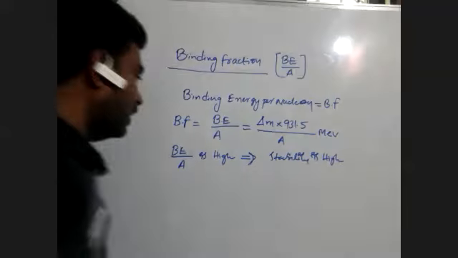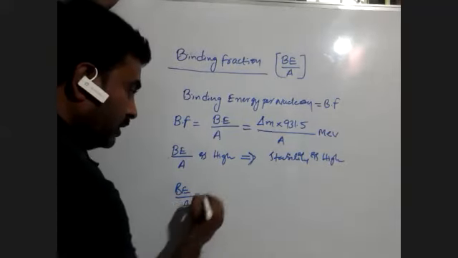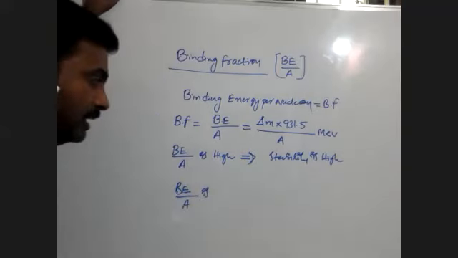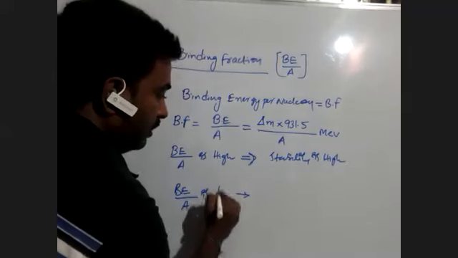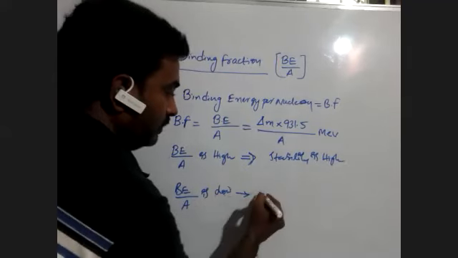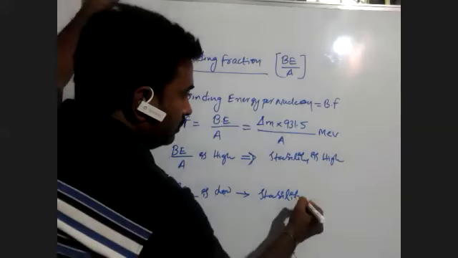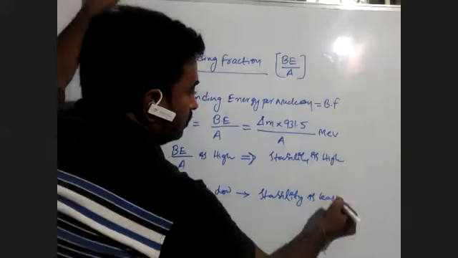Okay. If the binding energy per nucleon is less or low, then stability is also low. Stability is less or least.